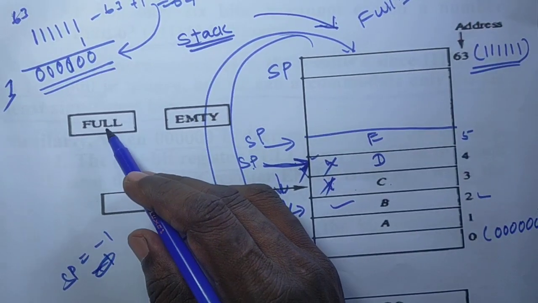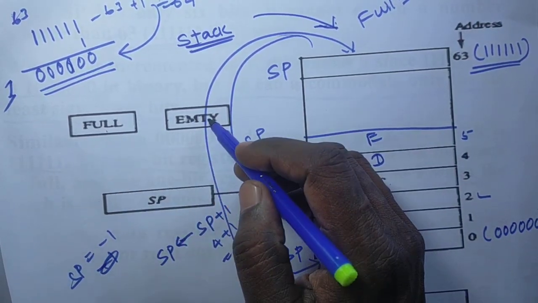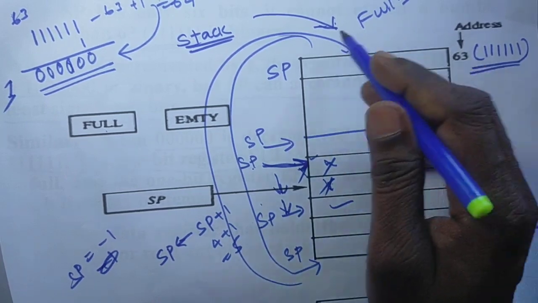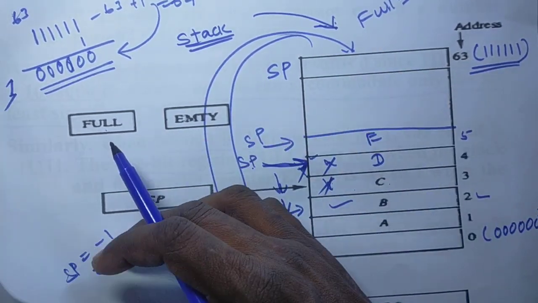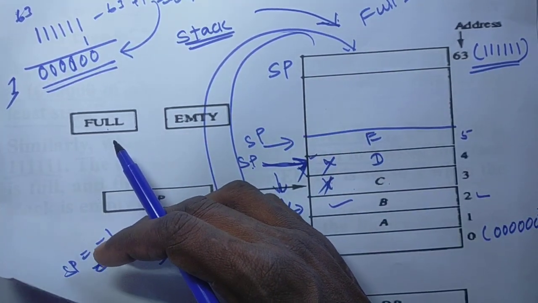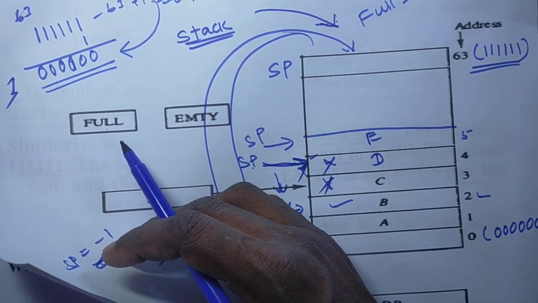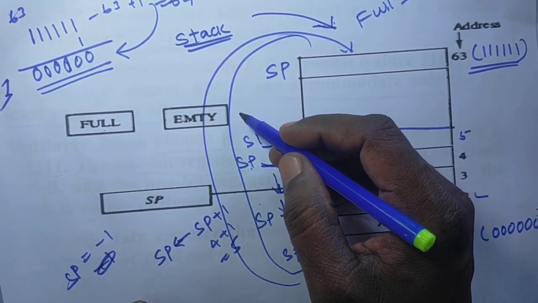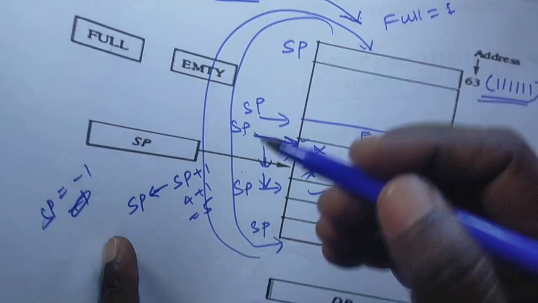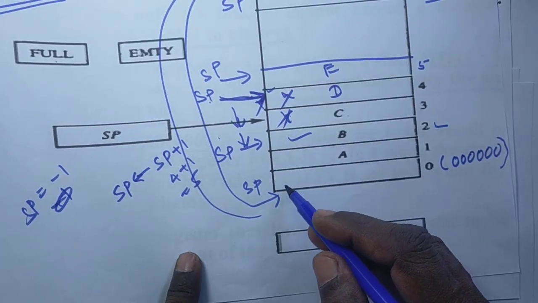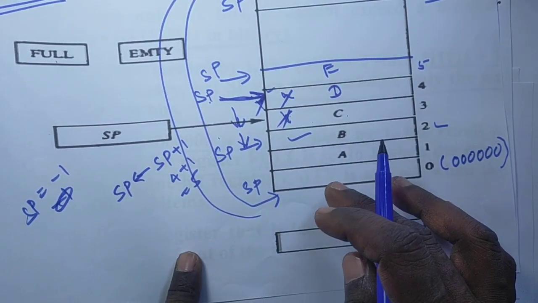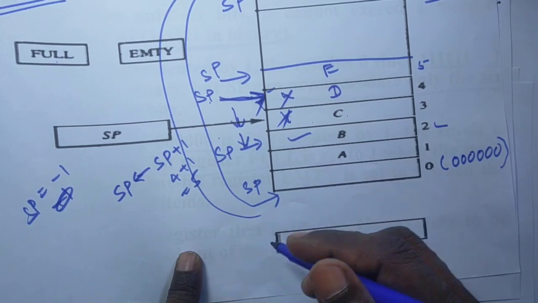Here full and empty are mentioned. Full is 1 means the stack is filled up by items or data. If empty is 1, there is no data.